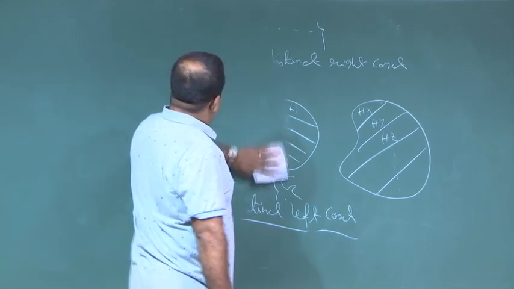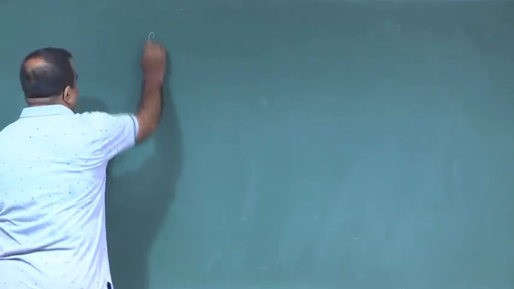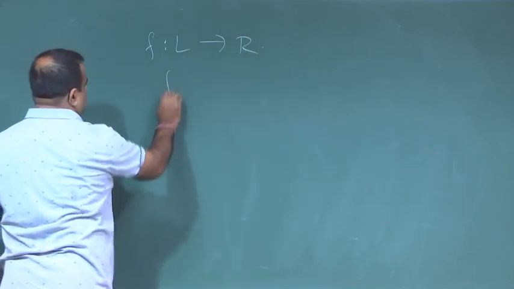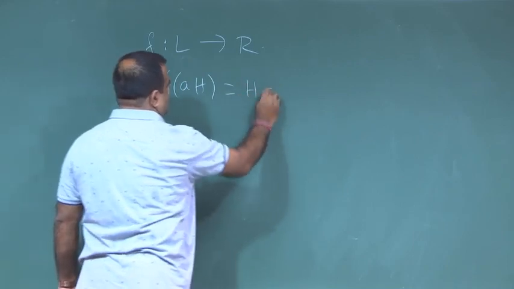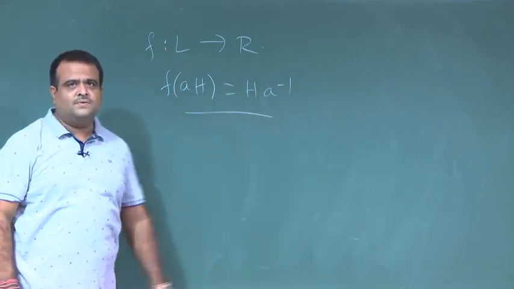Let us just define a mapping F from L to R. We take a left coset AH, and it should give us a right coset, so we just take H A inverse.